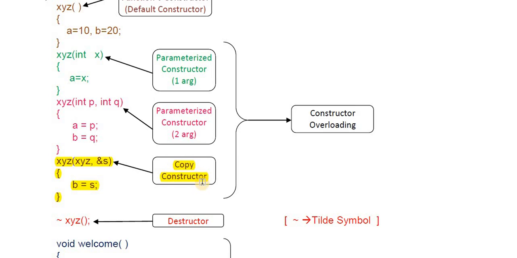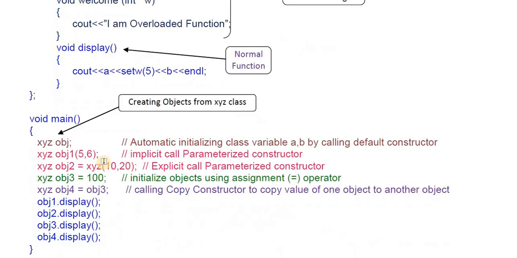So what is the use of copy constructor? Simple. Copy constructor is a parameterized constructor because it accepts a parameter, and it is used to copy one object into another object.